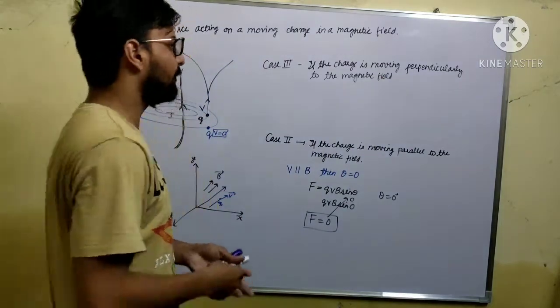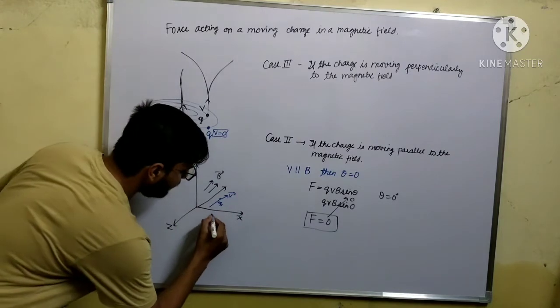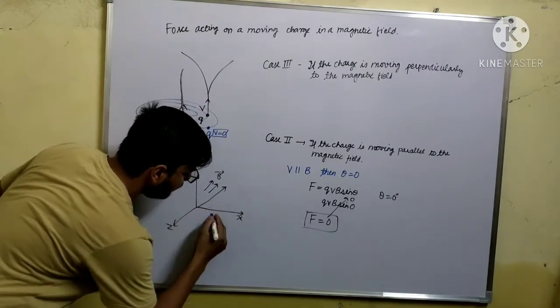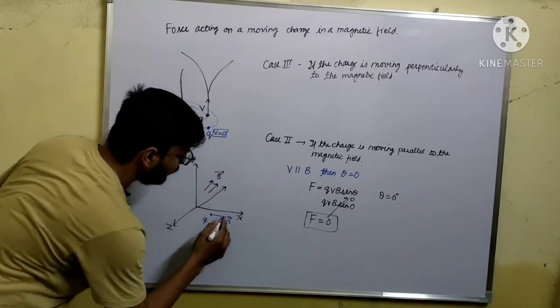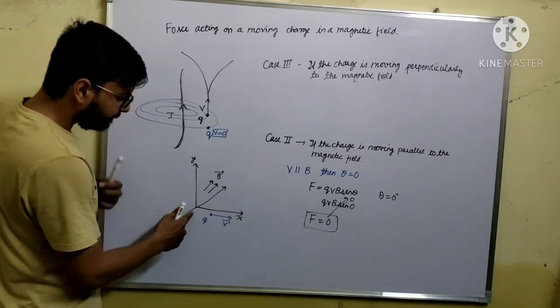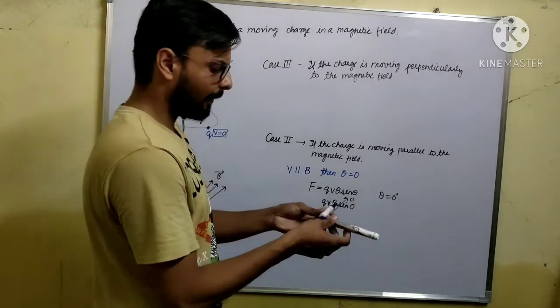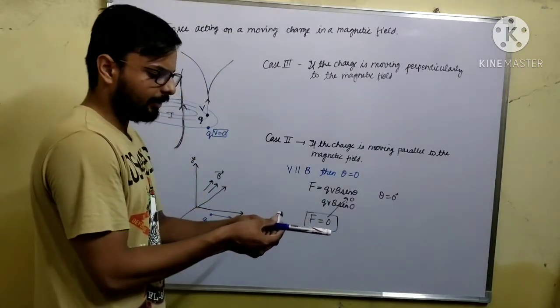If the charge is moving perpendicular to the magnetic field, then you see that the charge is moving in this direction. This is a charge Q and it is moving in this direction V. So the charge is moving along the x-axis and the magnetic field is along the z-axis like this.